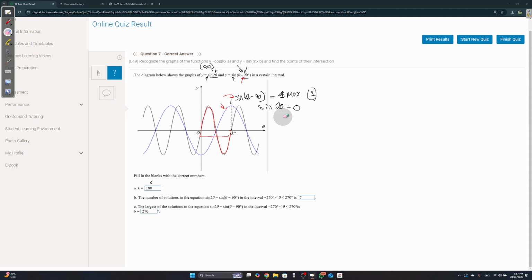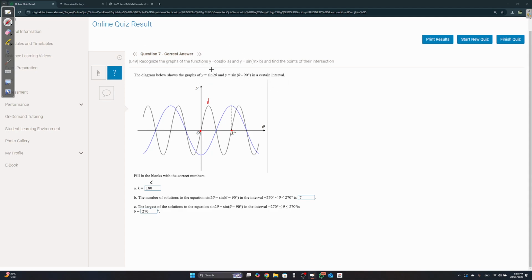So instead, let's use the fact that at this point over here, sine 2 theta is equal to 0. How do we know this is sine 2 theta? Because, like I told you, which one passes through the origin? Only one of them. The only time sine won't pass through the origin is when you transform it vertically or horizontally.